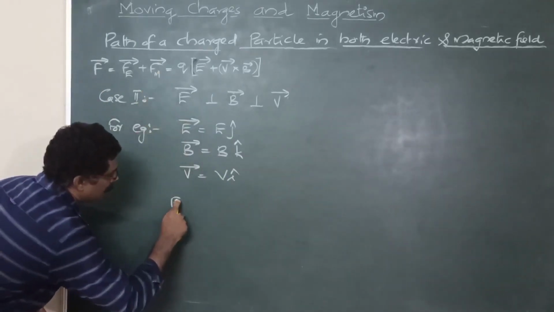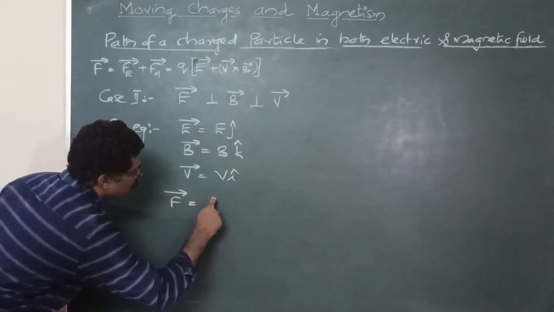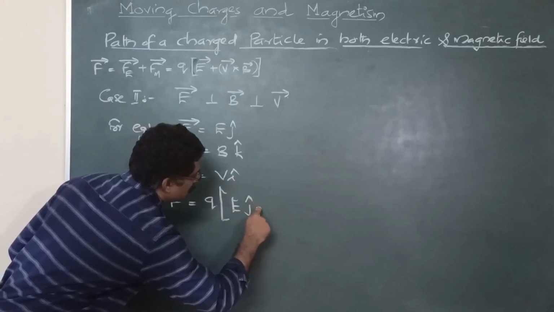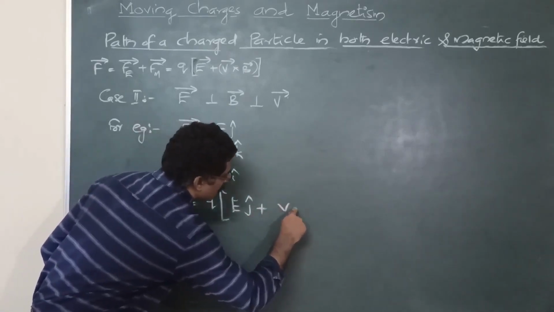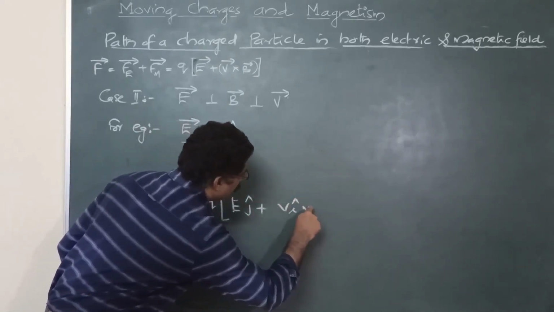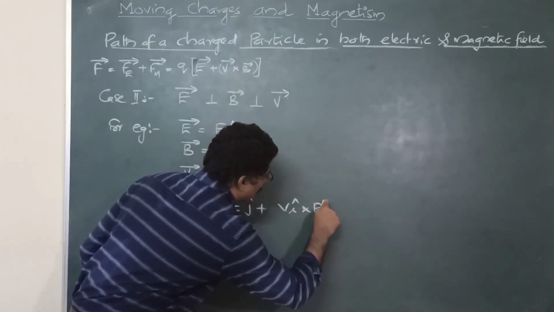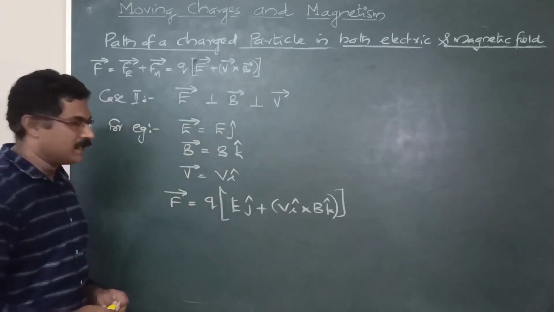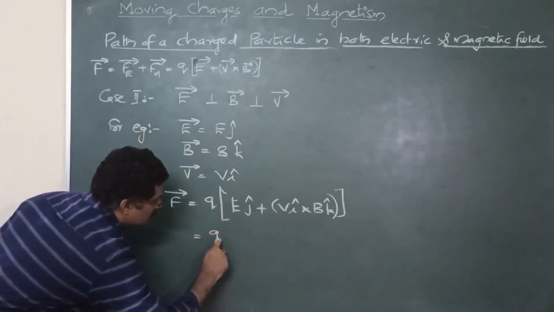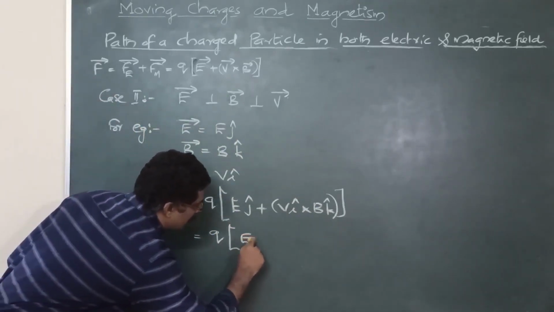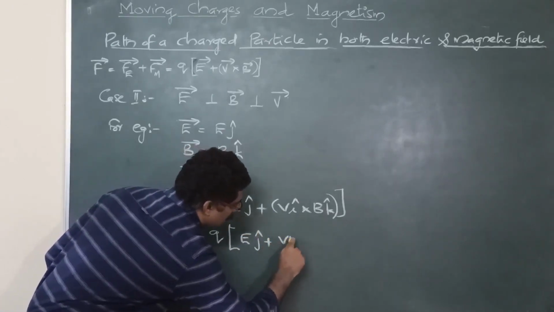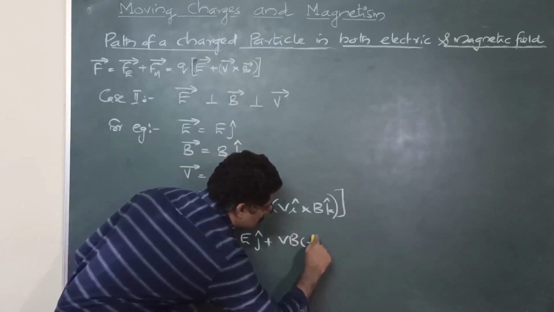We can say that F is equal to Q into (E j cap plus V i cap cross B k cap). I cross k is minus j, so this equation is Q into (E j cap plus VB into minus j cap).